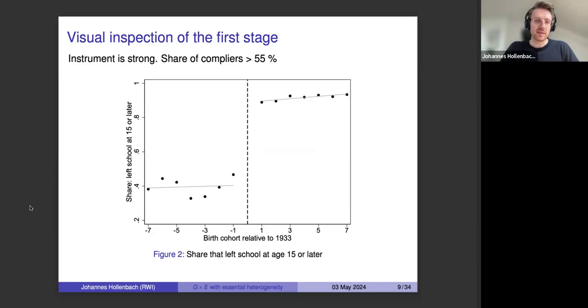In this case, it's our education dummy. And before the reform, you can see that basically 40% of people stayed in school until the age of 15 or later. And after the reform, it was above 90%. So we have a very strong instrument, and the share of compliers to the schooling reform is about 55% or even higher.